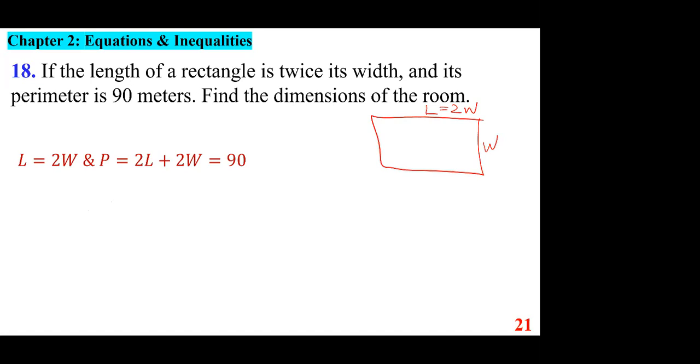The perimeter is 2L plus 2W equals 90. We are going to replace the L with 2W. So 2 times 2W gives us 4W. With 2W, 6W in total. We're going to divide by 6.